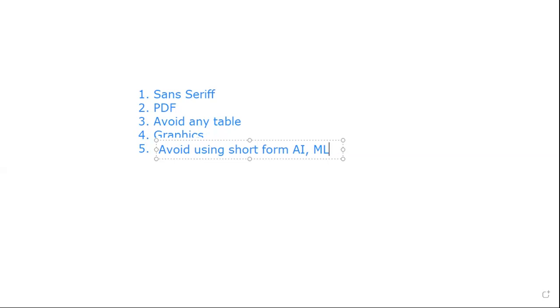Right, and then use quality action verbs. For example, analyzed, executed, amplified. So some quality words rather than maintaining a database or something.